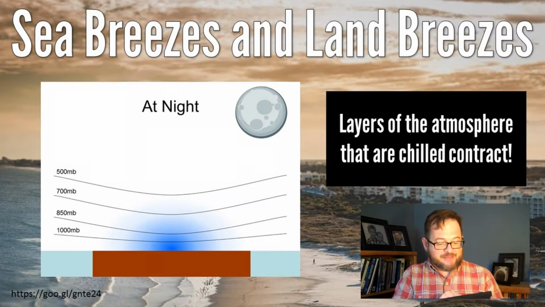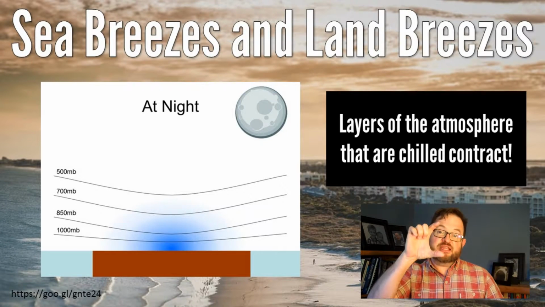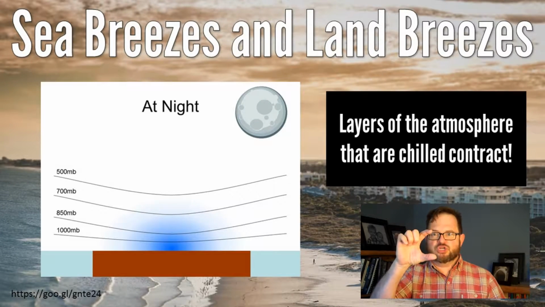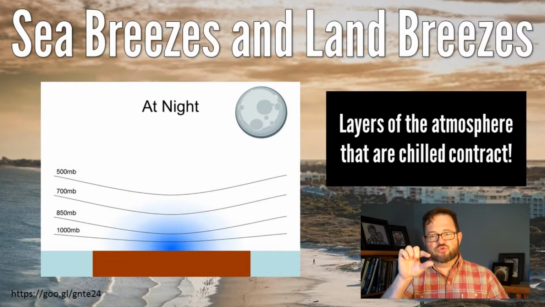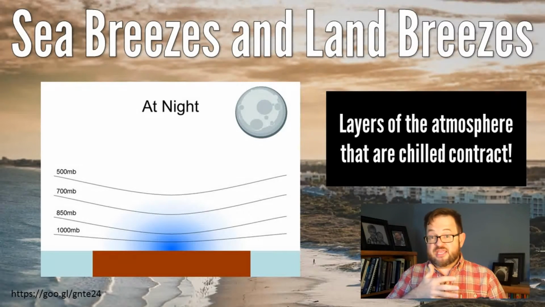So if you take a look, for example, at the 1,000 to 850 millibar layer there, you can see how that layer is quite a bit thicker over the ocean, and over the land where it's cooling, it is getting less thick. And if you look at layers of the atmosphere that are higher up than that, like 500 millibars to 700 millibars, that layer is not touching the surface of the Earth.